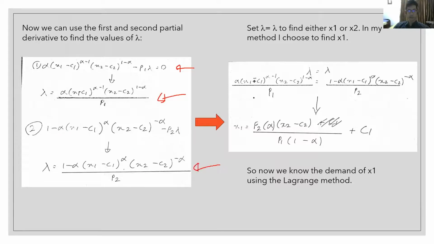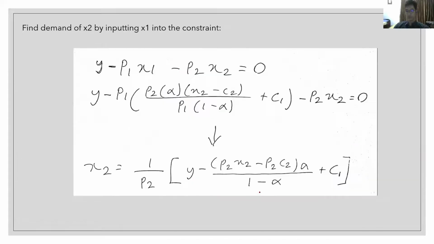So now we can set lambda equals lambda to find either x1 or x2. In my method, I chose to find x1. So, lambda equals lambda, and then I rearranged it and did the simplification, and I found x1 equals this long value right here, which I won't say because it's too long. So now we know the demand of x1 using the Lagrange method.